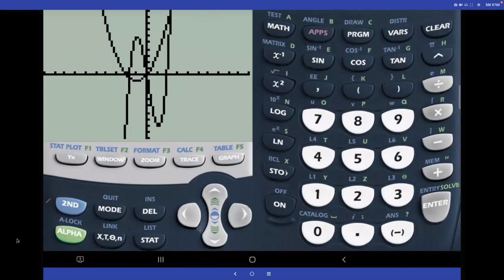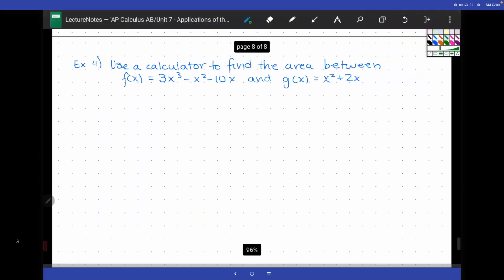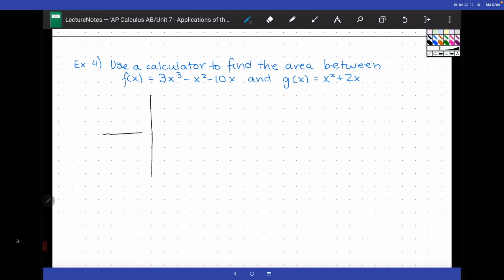So I'm going to put this in the notes real quick. Even if this was a test, and even though I'm letting you use a calculator on this problem, I still want the picture. So just put a little sketch. Let's see, it looks like the cubic does something like this. I can definitely tell it's going through the origin there.